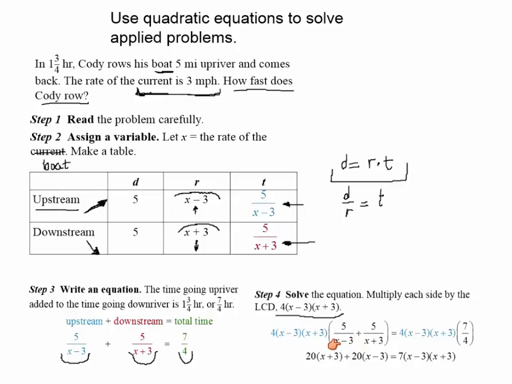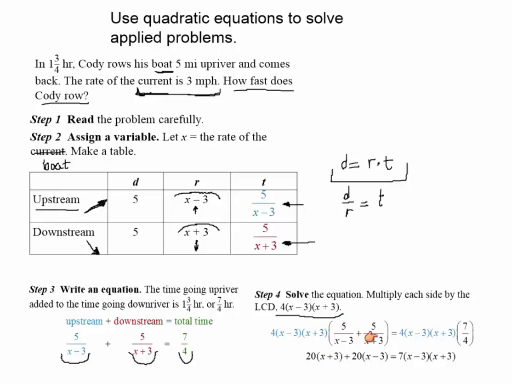If I write this down here, you notice that for the first term, we have x minus 3 at the bottom of the fraction, which reduces with the x minus 3 that is part of the LCD. So we will have 4 times x plus 3 times 5, which is 20 times x plus 3.